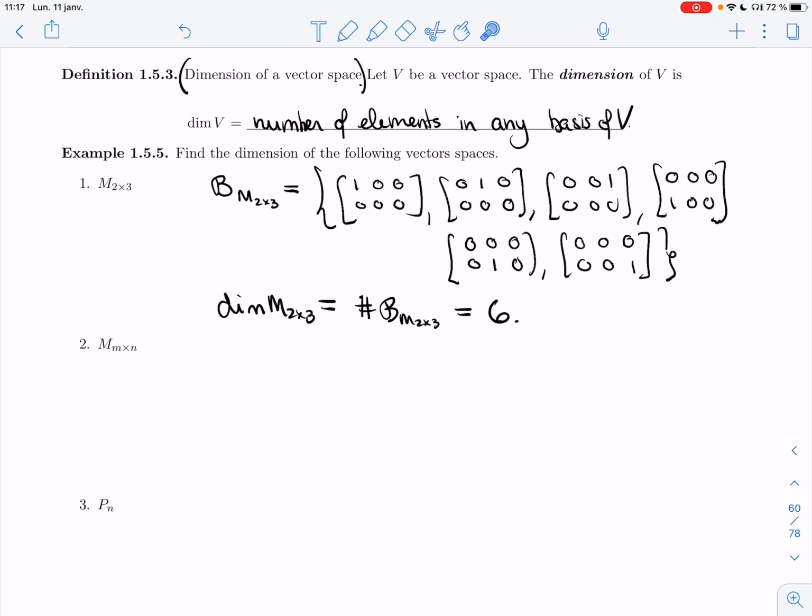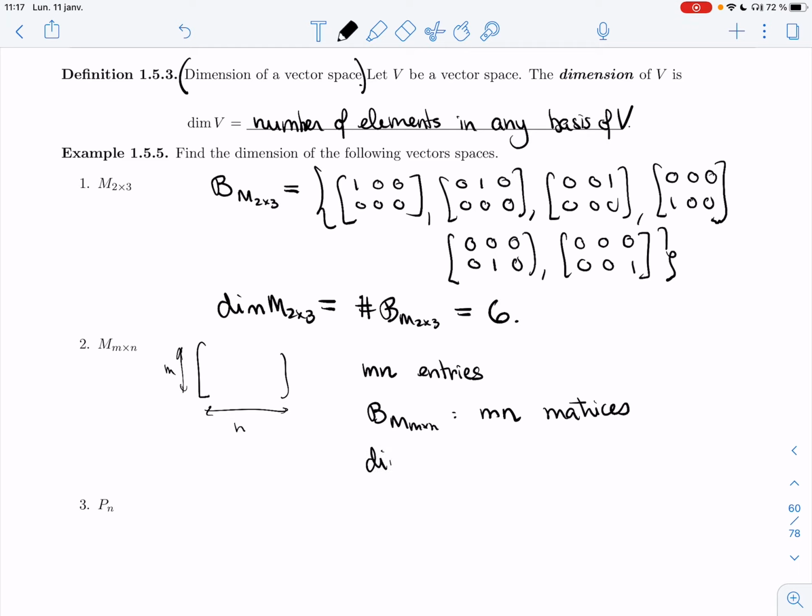All right, for M by N matrices, there are M times N entries, and so the basis of M, M cross N will have M times N matrices in it, 1 for each entry, and so the dimension of M, M cross N is M times N. Notice that it's compatible with the 6 that we got here. 6 is indeed 2 times 3.